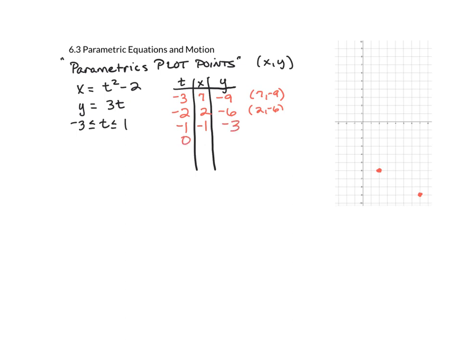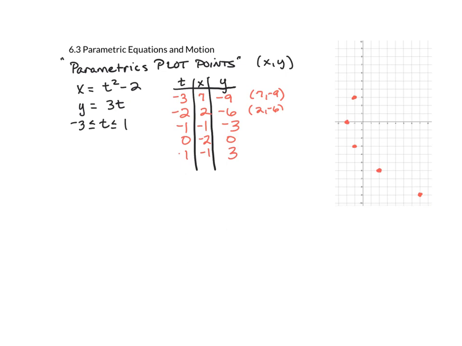We plug in a 0 for t, and that would make 0 minus 2 is -2 for the x coordinate. 3 times 0 is 0 for the y coordinate. We'll plot those 2 points. Now we'll plug in a +1 for t. X will be -1 and y will be 3. So we plot the point -1, 3.